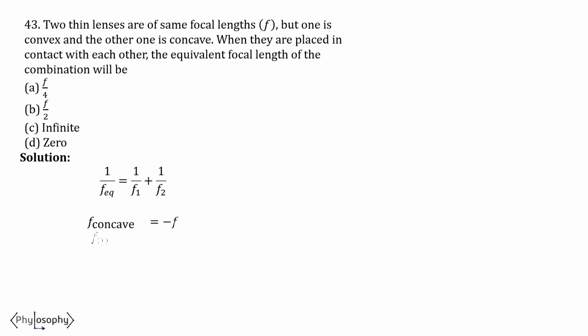Now using the sign convention of lenses, the focal length for the concave lens is minus f and for the convex lens is f. Therefore if we put these values in the formula, then 1 over equivalent focal length is equal to 0, or we can say that the equivalent focal length will be infinity. Therefore option C is the correct answer.